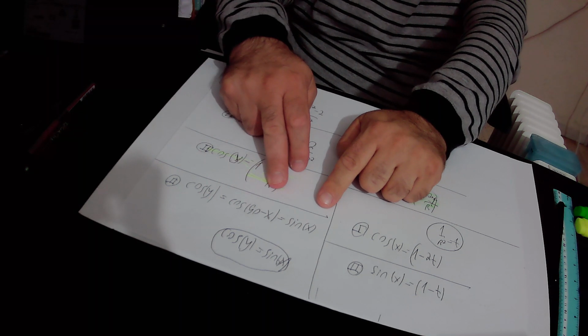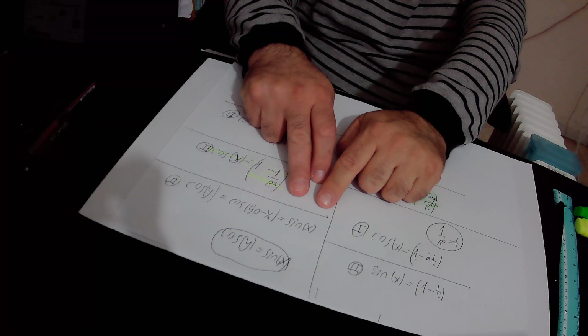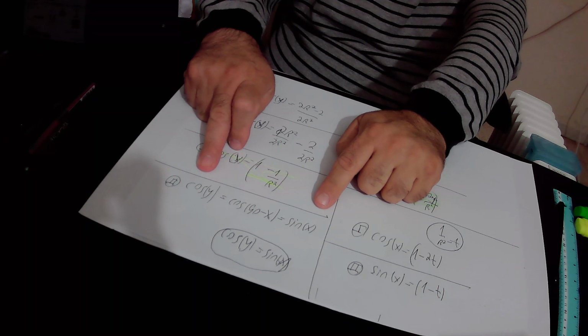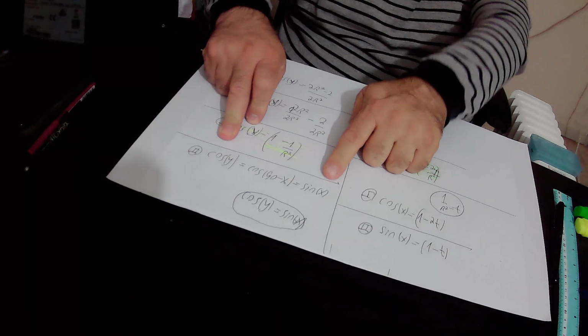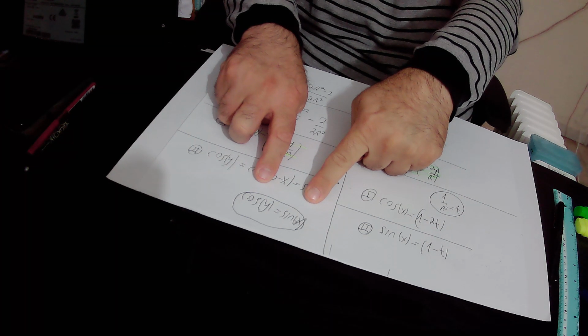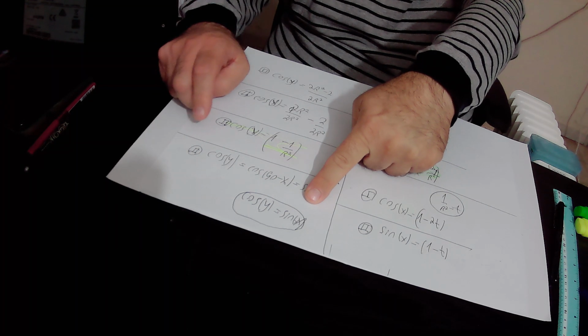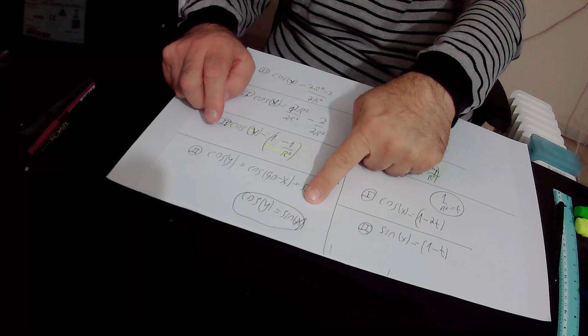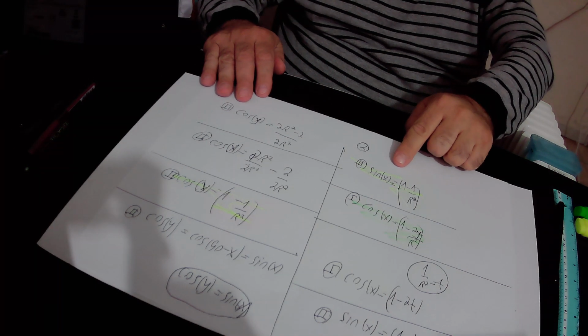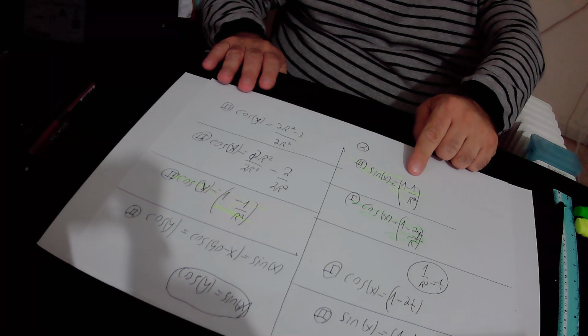Cosine of 90 degrees minus x equals sine x. So in conclusion, cosine y equals sine x. Therefore, we can substitute cosine y in equation number 2 by sine x.